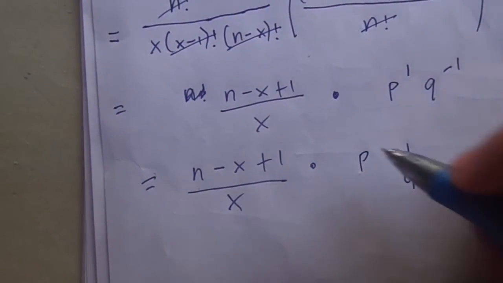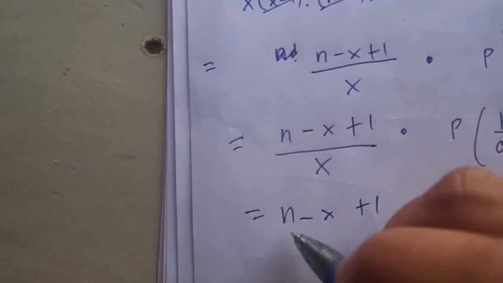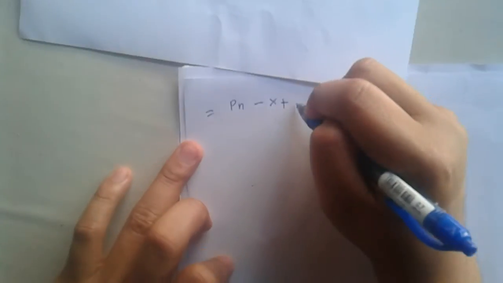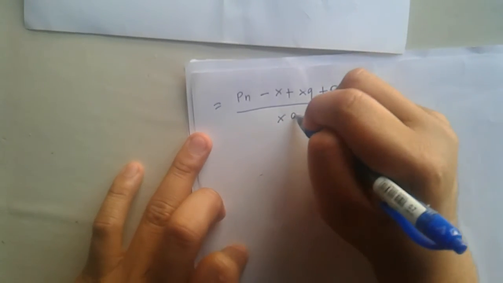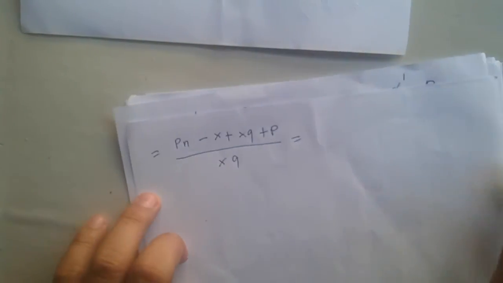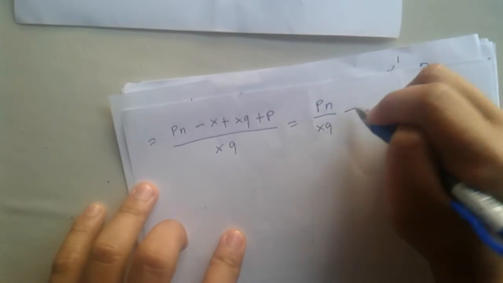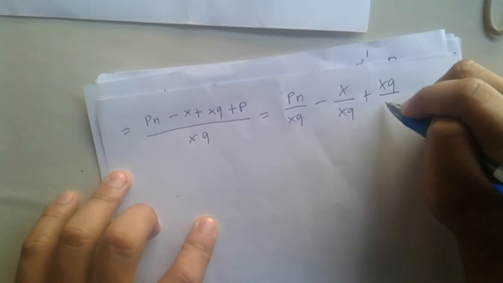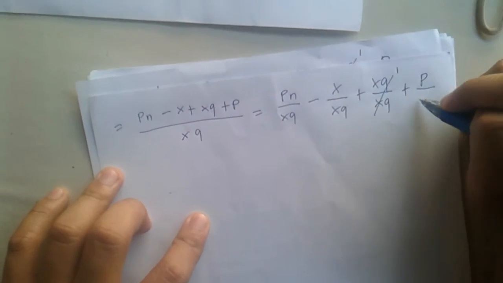So times p is equal to n minus x plus 1 over x times p over q, equal to pn minus px plus p all over xq. So separate by terms: pn over xq minus px over xq plus p over xq can be equal to 1 plus p over xq.